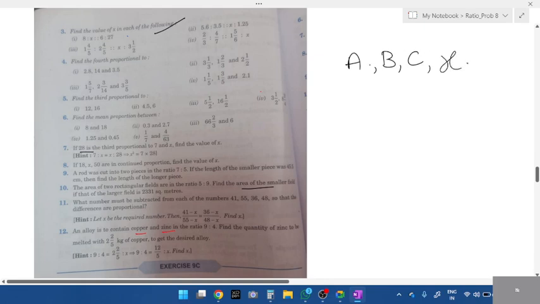X. Then what is the formula we use? Product of means is equal to product of extremes.